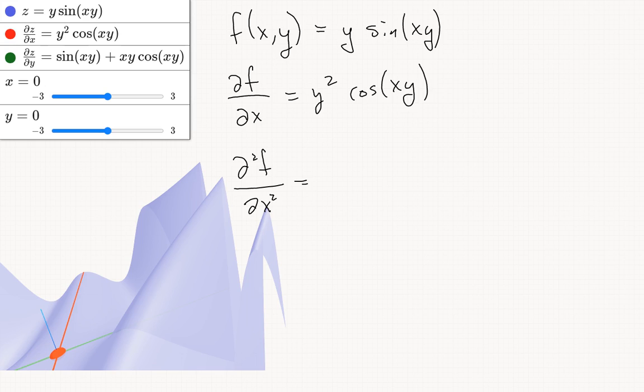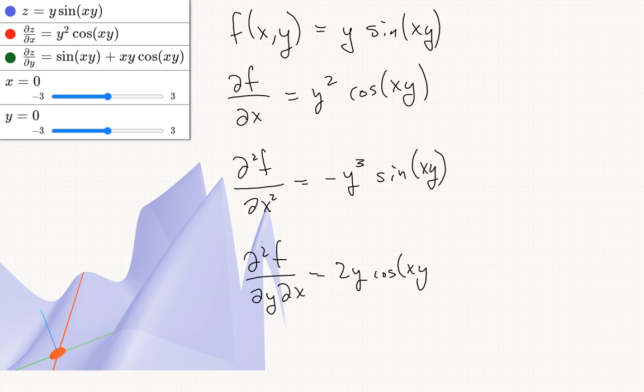So inside we'll pull out a y and we'll get negative y³ sin(xy). And then ∂²f/∂y∂x: now we need to use the product rule. So this will give 2y cos(xy) minus xy² sin(xy).